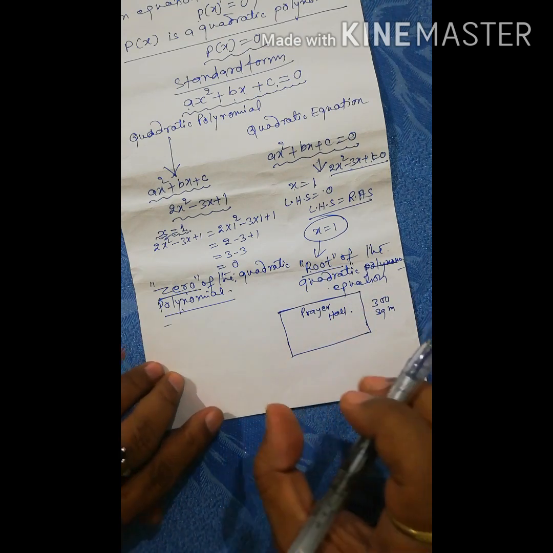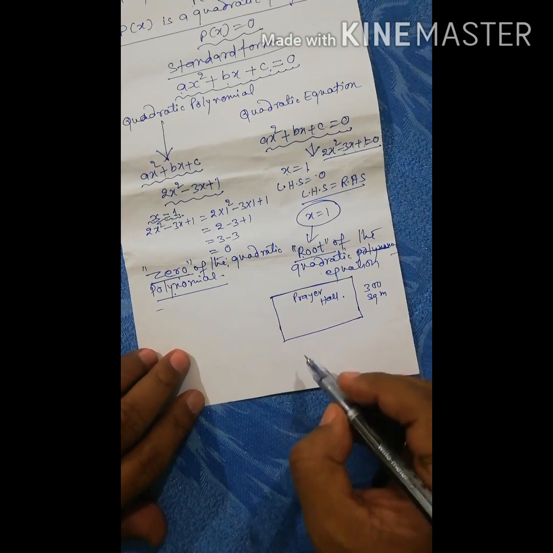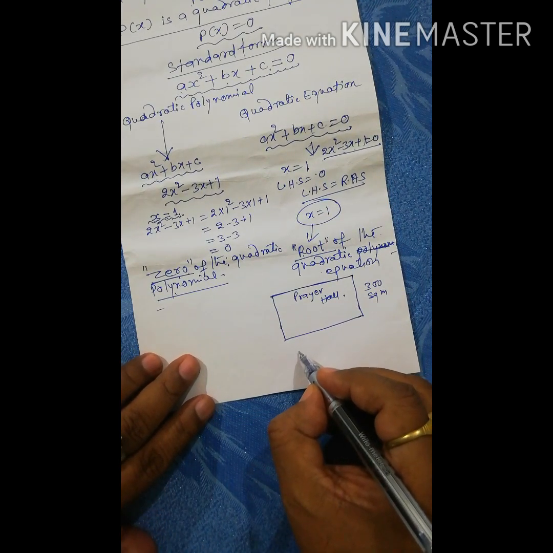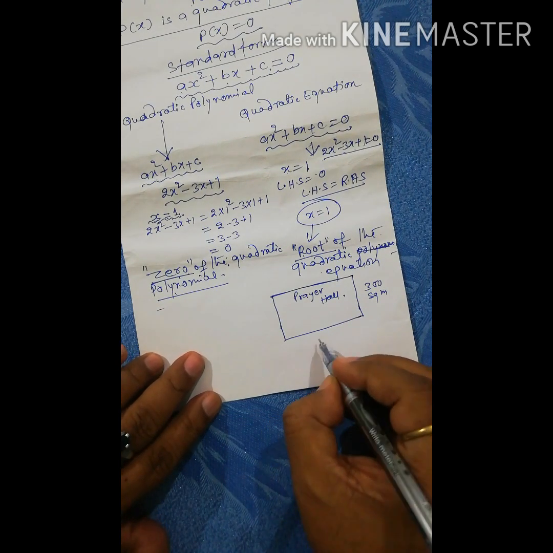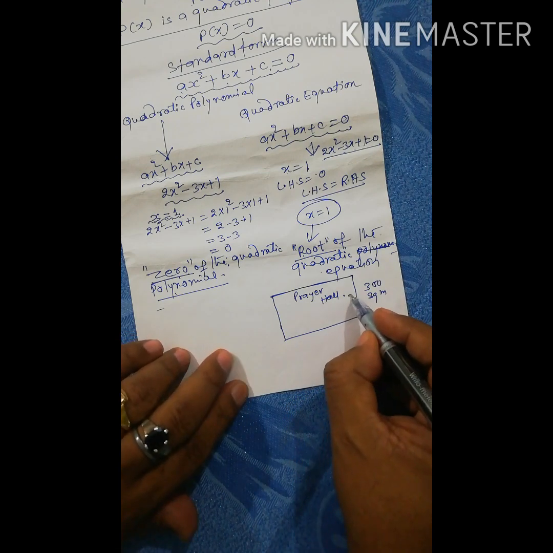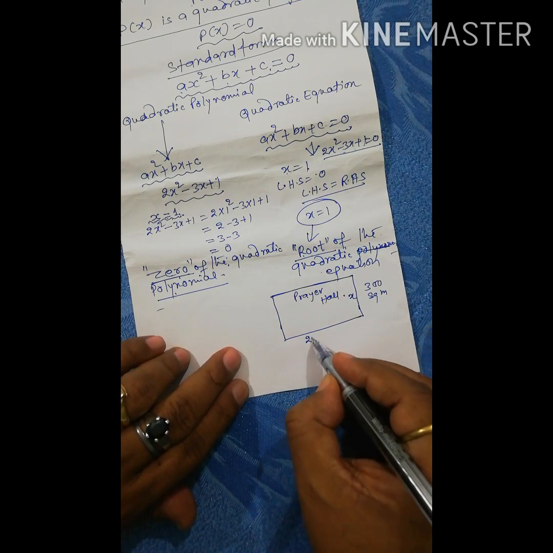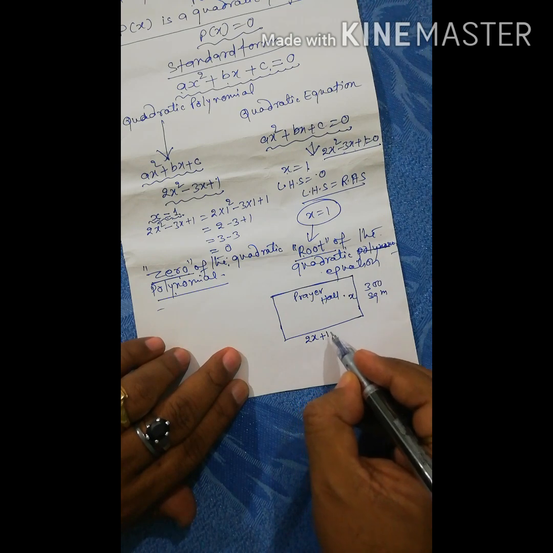However, he has one piece of information: the length is one more than twice its breadth.